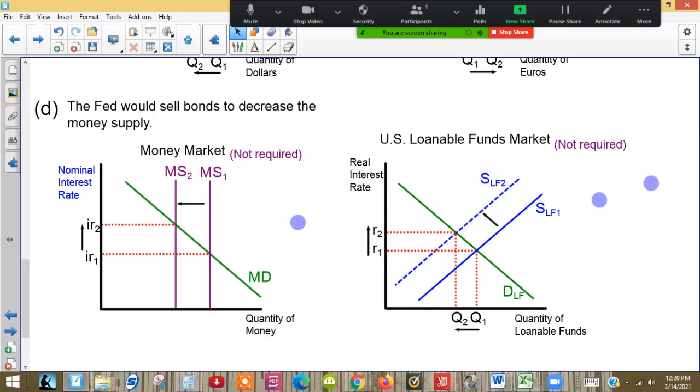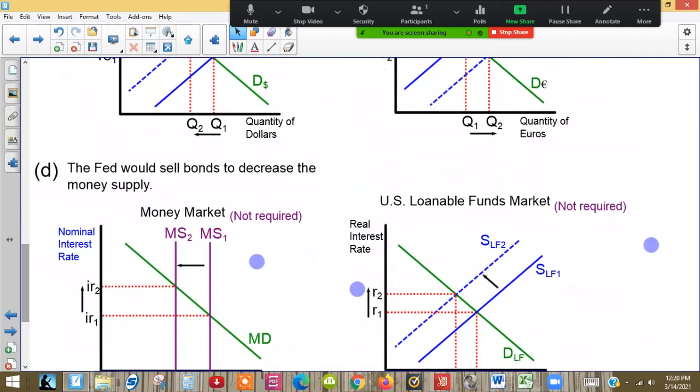Now, when the money supply shrinks and banks have less money to loan out, and depositors have less money to deposit into banks, then the supply of loanable funds in the loanable funds market is going to shift to the left, which is going to push the real interest rate back up, which is what we wanted to do to offset.